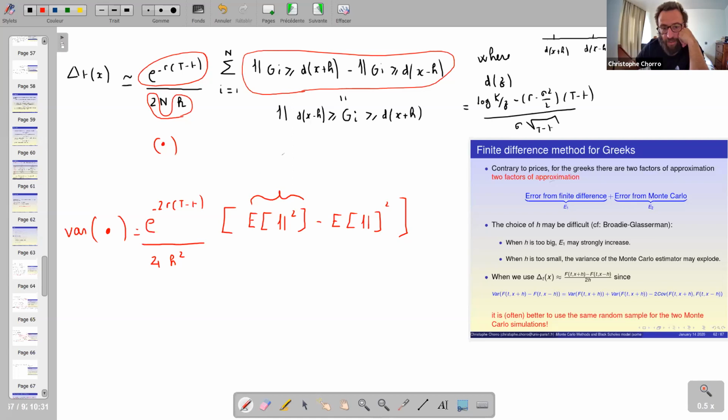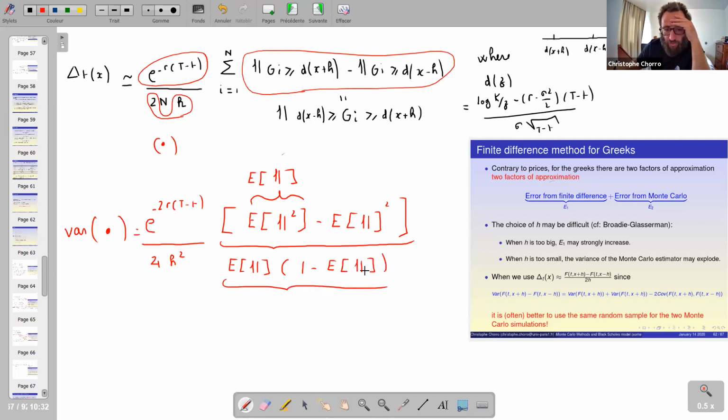But keep in mind that the expectation of the square of an indicator function is equal to the expectation of the indicator function, because the indicator function squared is equal to the indicator function. So this can be written as the expectation of the indicator function times one minus the expectation of the indicator function.